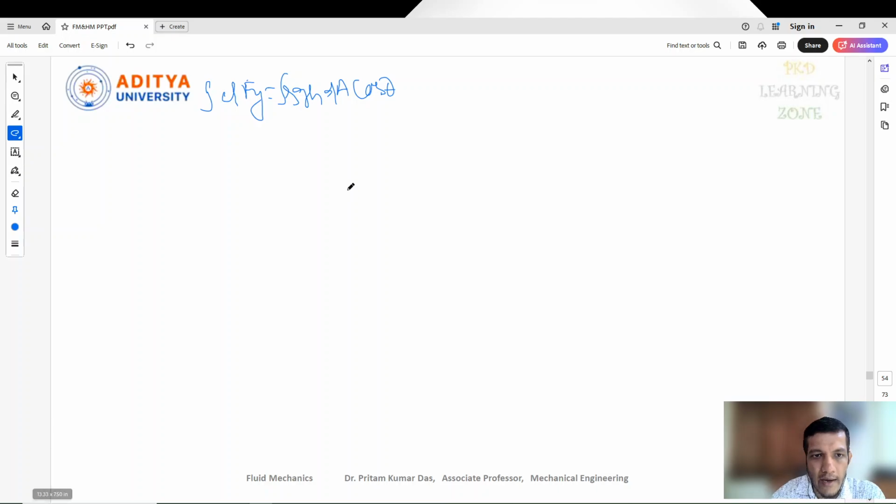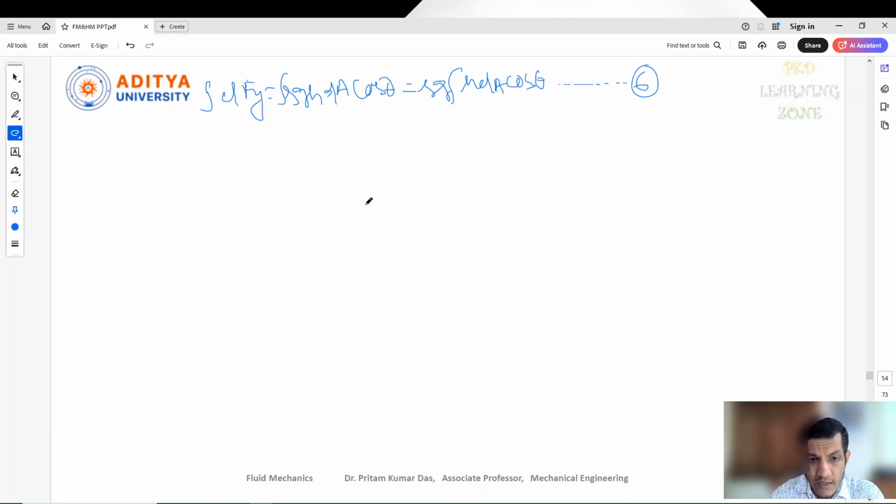Here also, we can keep the rho g constant term outside, and write the integration of h dA cos theta. So this is equation 6, since the previous one I gave 5.